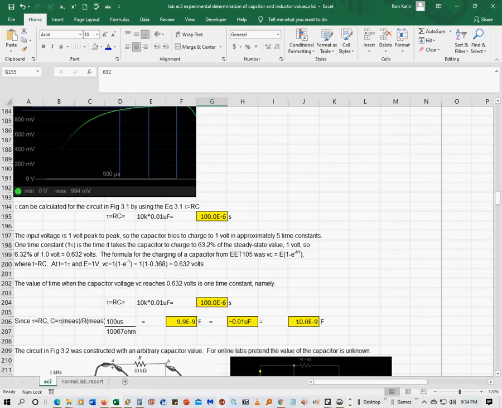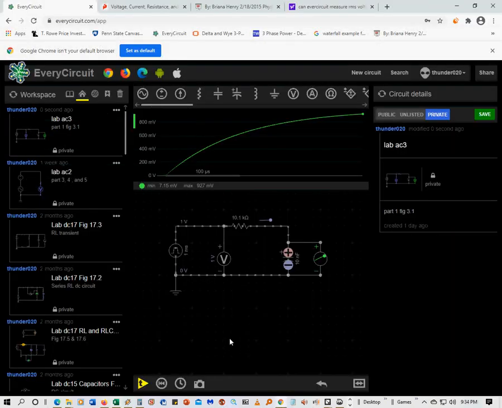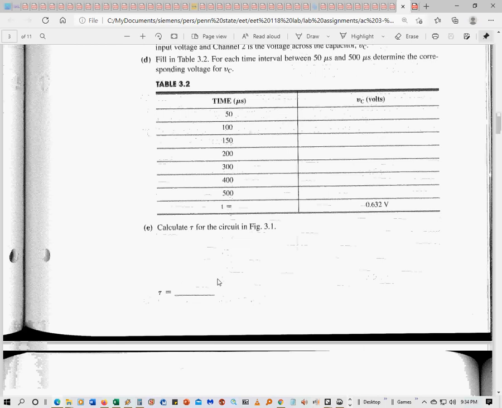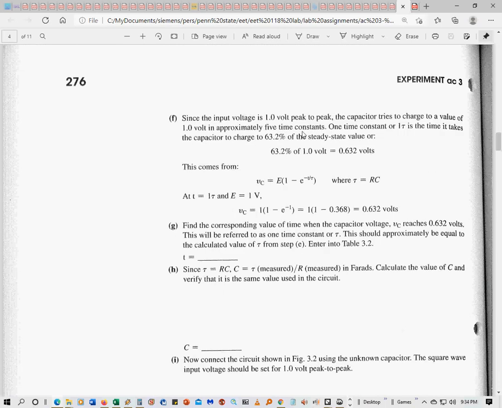You have to go on and go through this lab and kind of, I don't want to say copy what they're saying here, but you know, say it again and rearrange the language so that you're making it flow well.